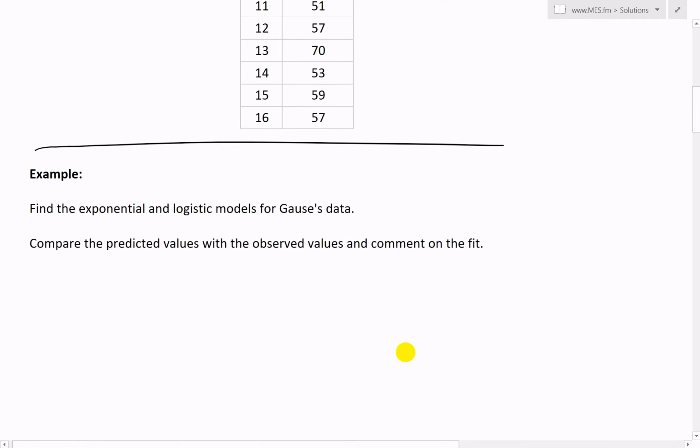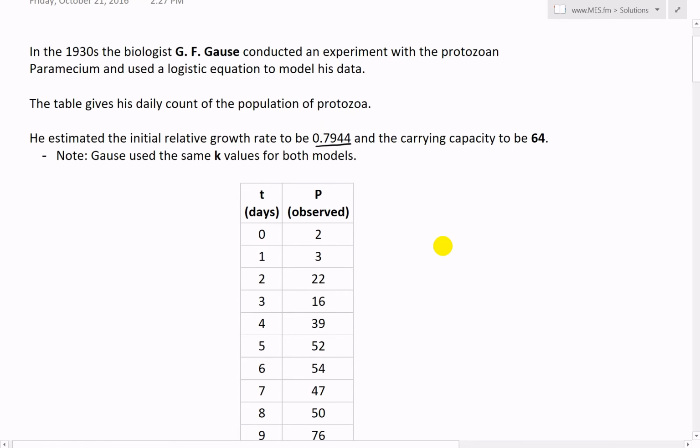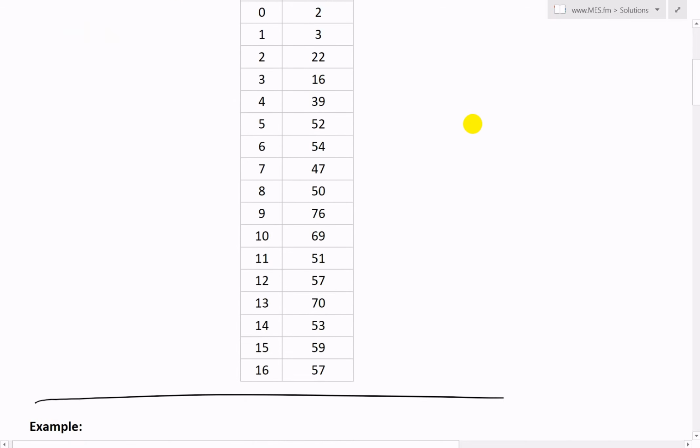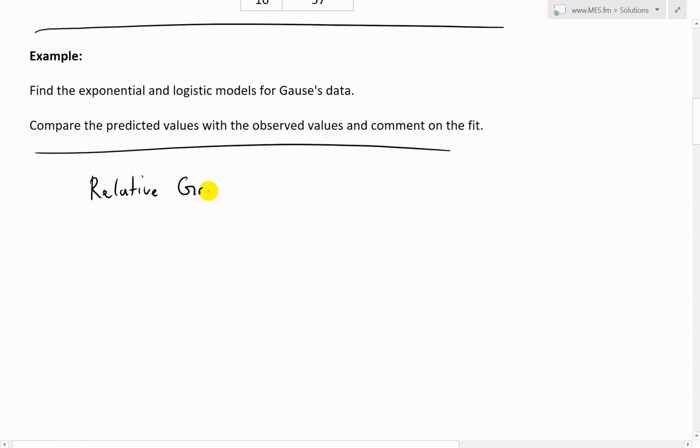Alright, so the first thing we're going to do is look at what we were given. We're given this table as well as the relative growth rate of 0.7944. Let me write this down and I'll show you what this means. The relative growth rate is equal to 0.7944.